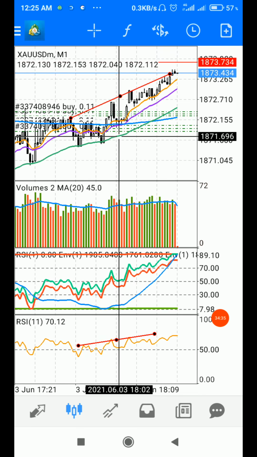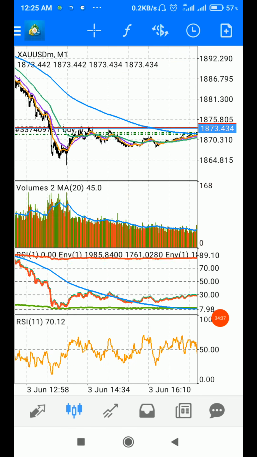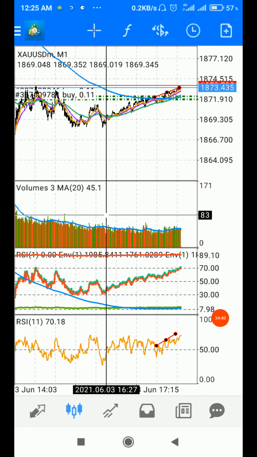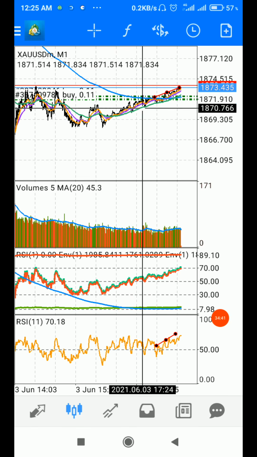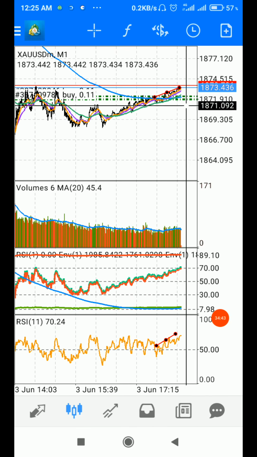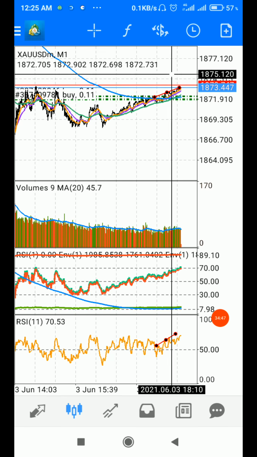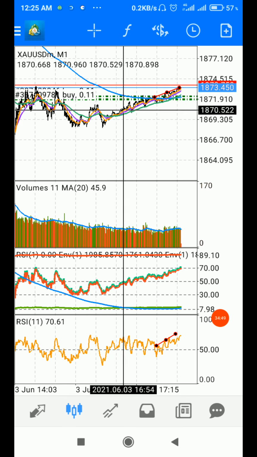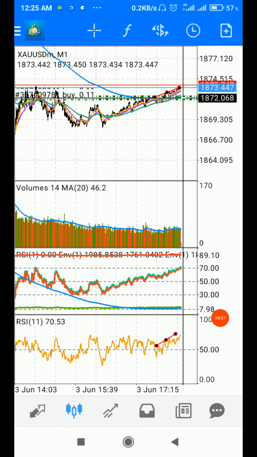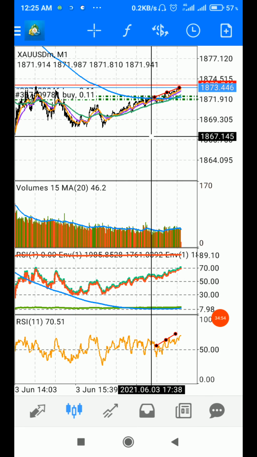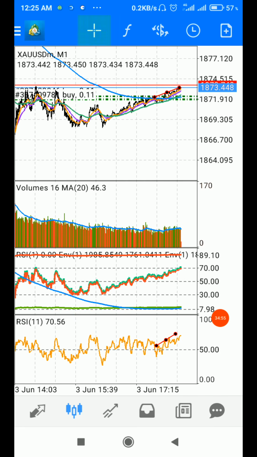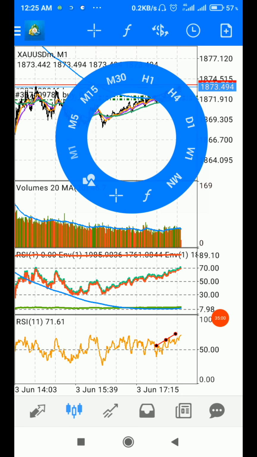If I zoom out here, you see the trend is just going upward from the 200 moving average here, so price is in an uptrend. So here is a very good entry point. So how much can I earn from this entry? You can imagine.